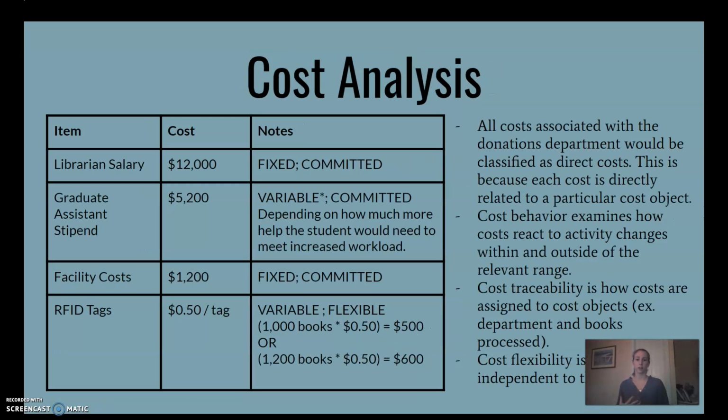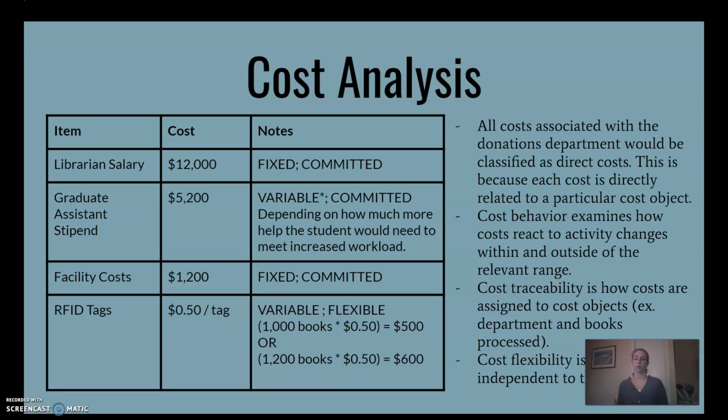For the cost analysis, on the chart is a breakdown of the costs, and we see librarian salary, $12,000. This is a fixed cost. It's also committed. Then the graduate assistant stipend is $5,200.